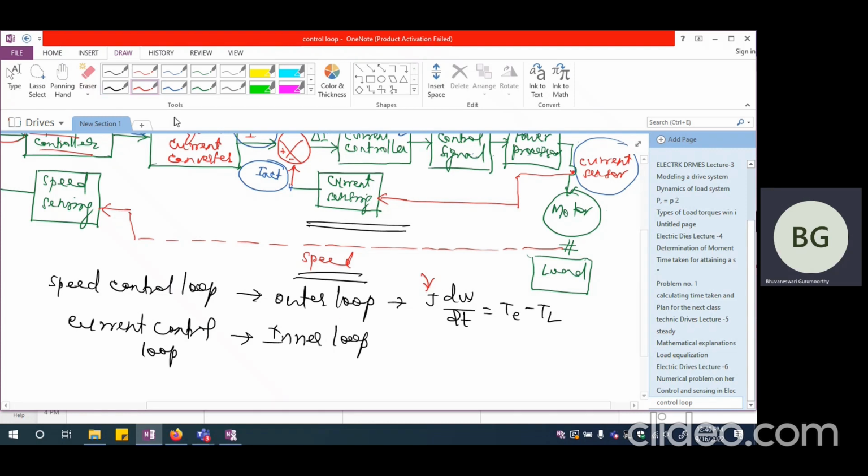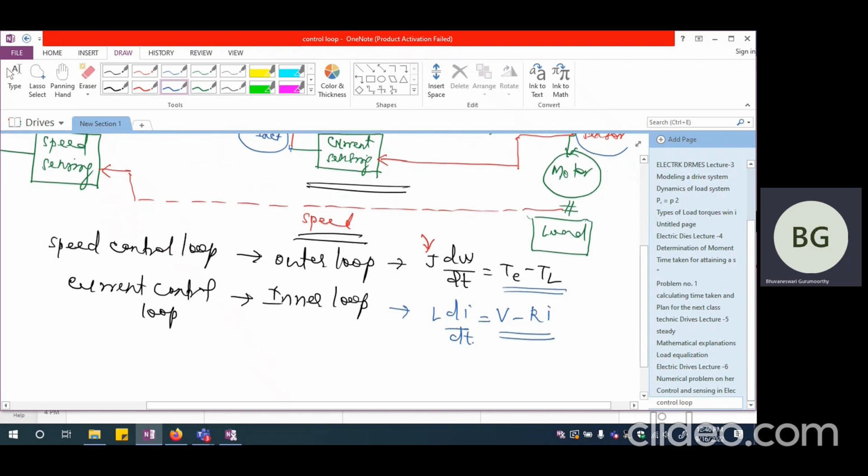Whereas current control loop is going to be governed by L di by dt equal to maybe V minus Ri. So this is governed by the electrical equation, whereas the speed control loop is governed by the mechanical equation.